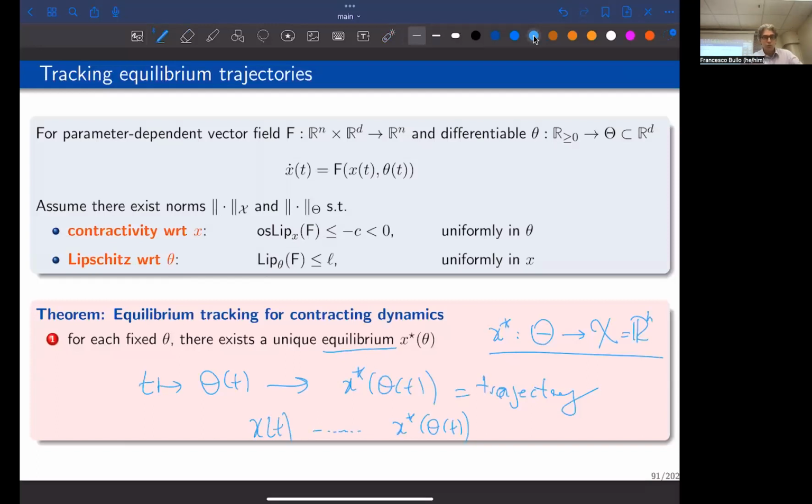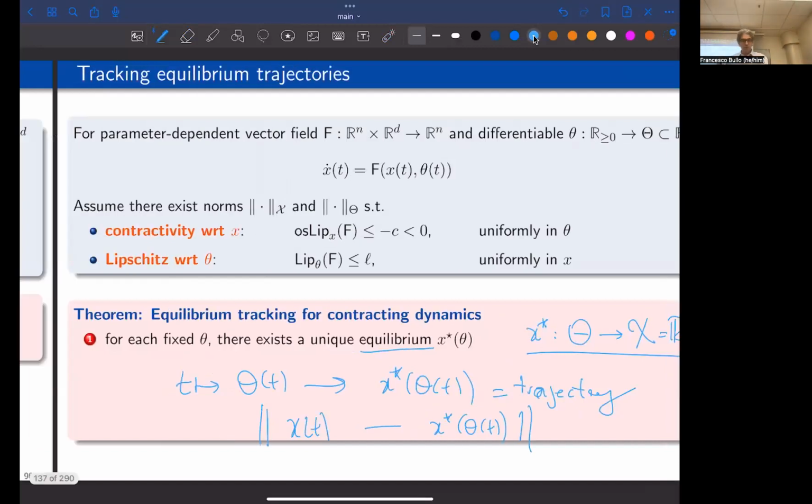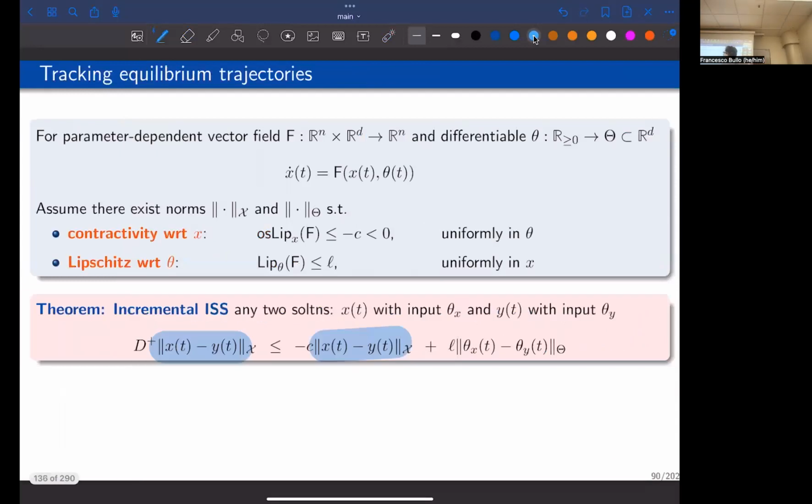Now, what do you care about as a control designer? You care about the distance between these two quantities. That is the quantity that you are interested in. Your error, I'm going to go back to the previous slide, is not the distance between any two trajectories of your system.